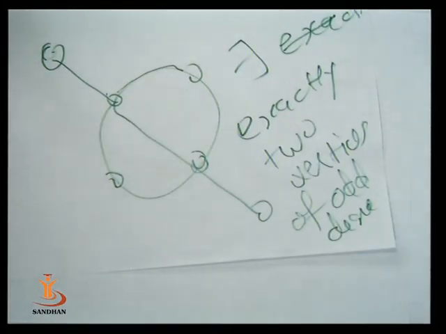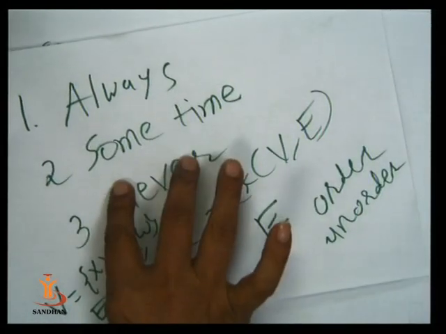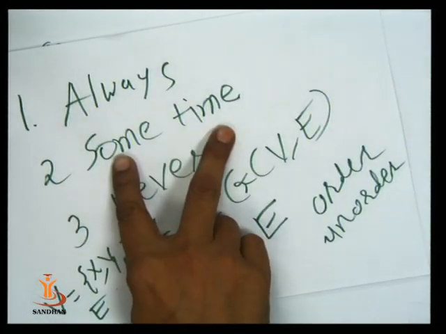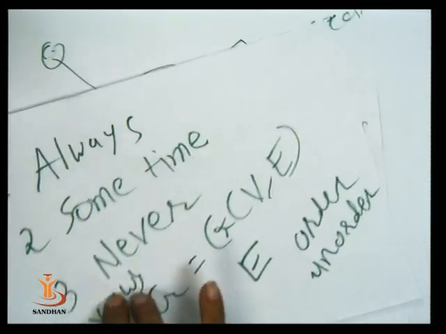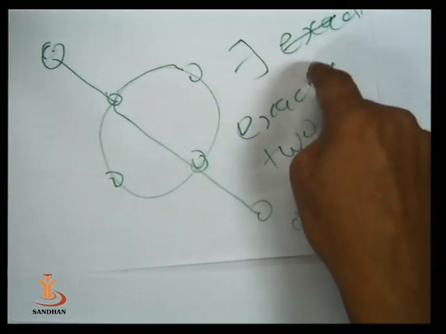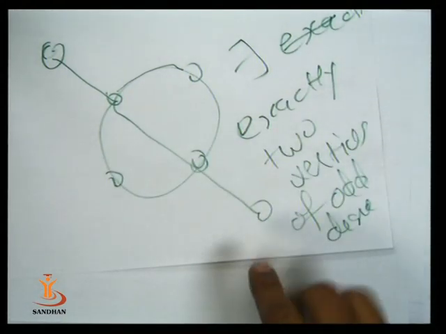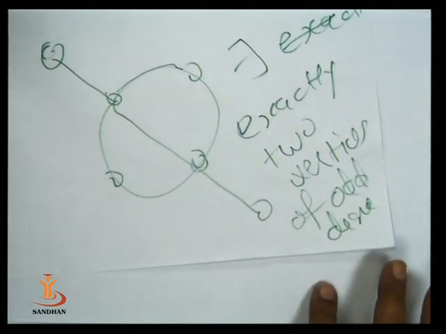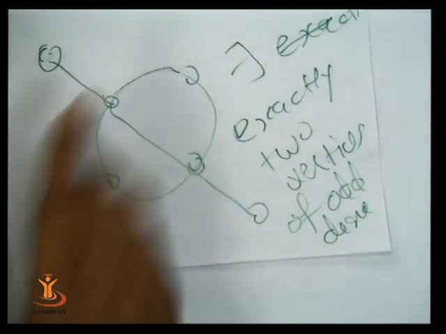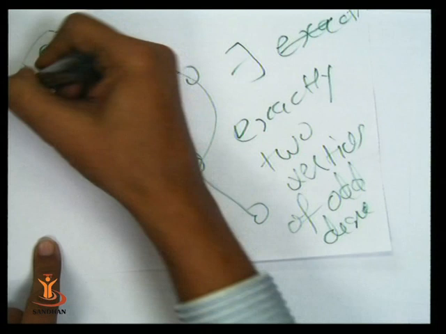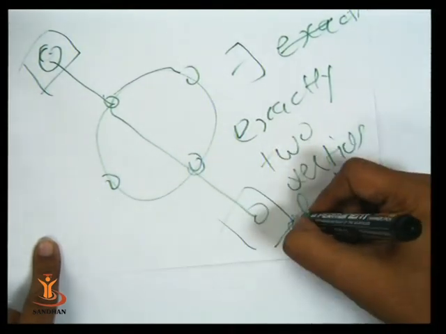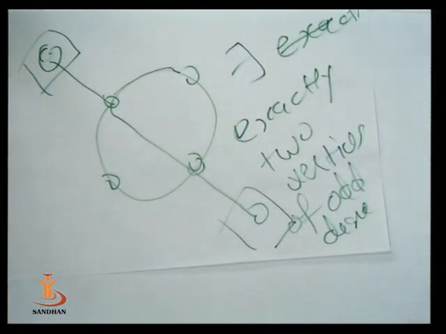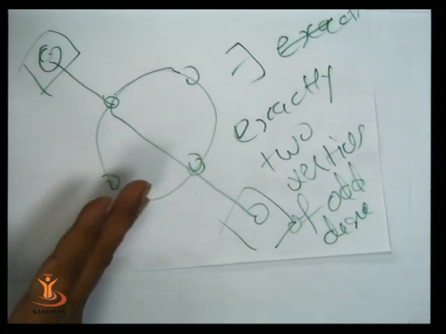So which graph is sometime traversable? A sometime traversable curve is a curve in which there exist exactly two vertices of odd degree. Here this vertex is of odd degree and this vertex is also of odd degree. So exactly two vertices are of odd degree.